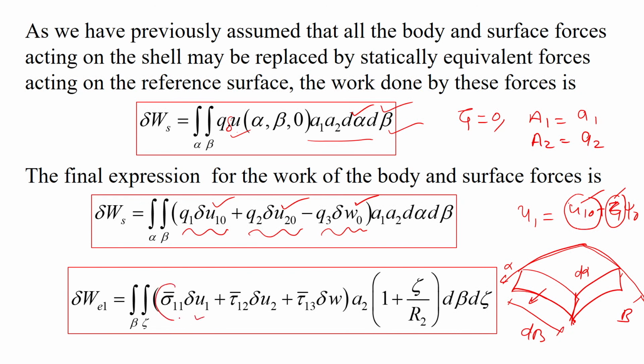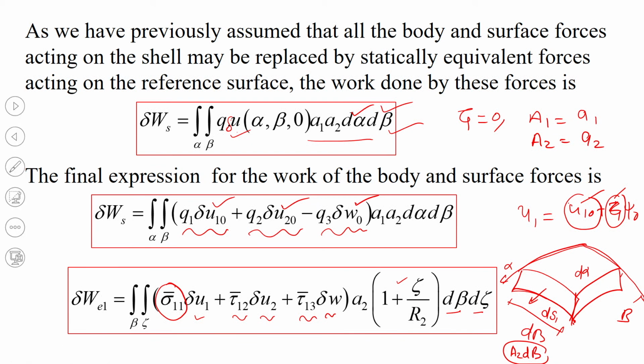Here bar denotes the externally applied one, then tau bar 12 del U2, tau bar 13 del W, and A2 and d beta, times 1 plus zeta by R2, d beta d zeta. So, again using the definition, here zeta is the integration variable and 1 plus zeta by R2.